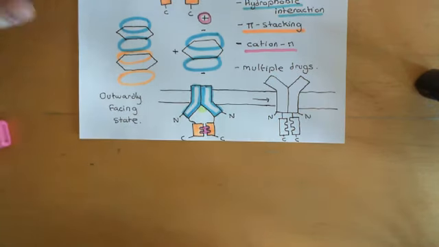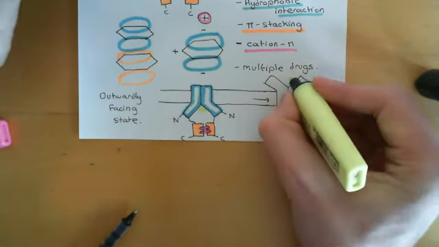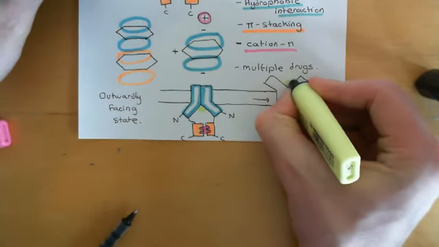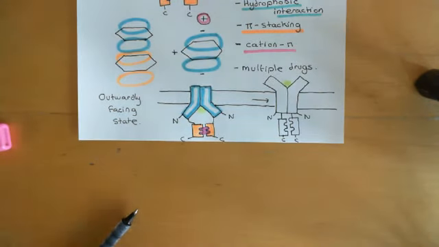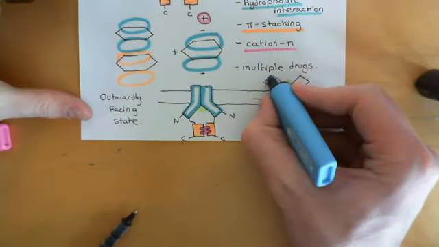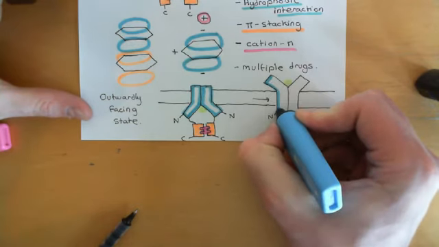Okay, and when it changes conformation like this, it moves the drug molecule into the extracellular portion here, and then once it's changed conformation to the outwardly facing state like this, it then loses its affinity for the drug molecule.